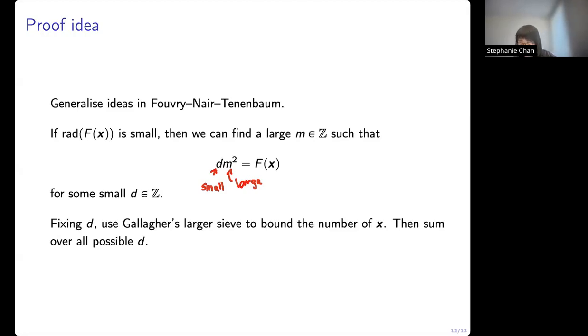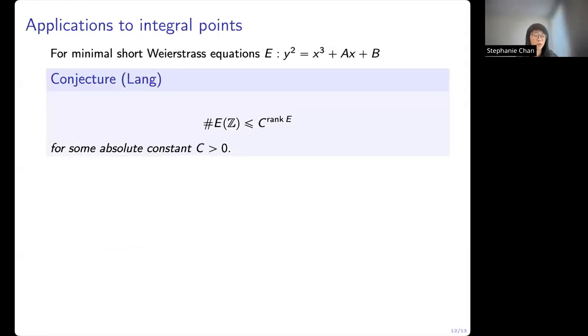Since I have a little bit more time, maybe I will also mention some applications that led me into thinking about the distribution of Szpiro ratios. This is in the area of counting integral points on elliptic curves.